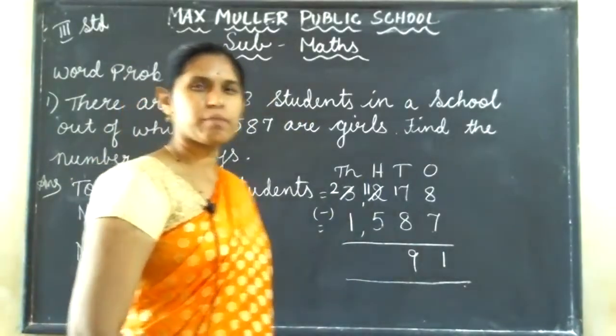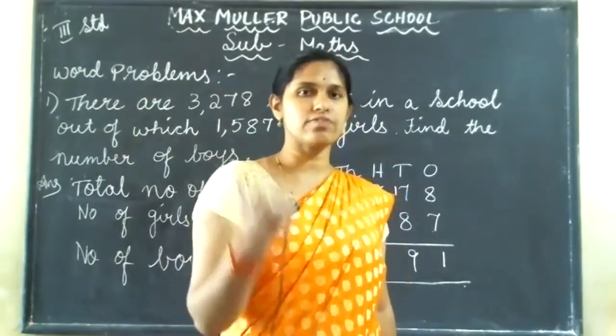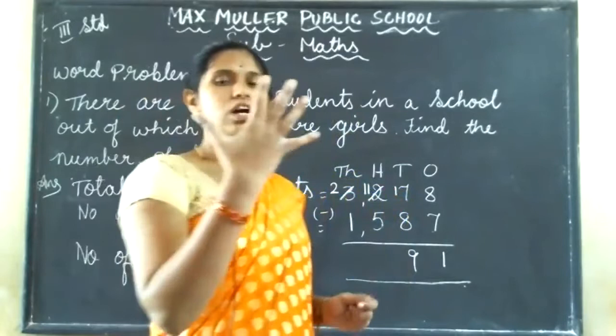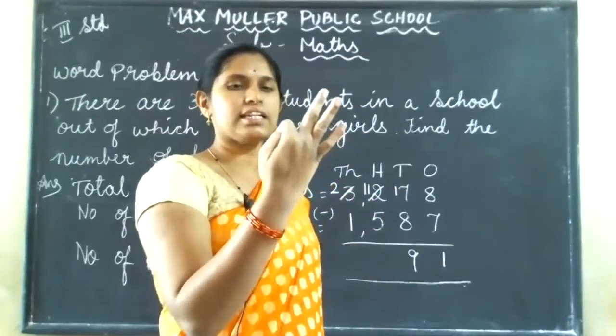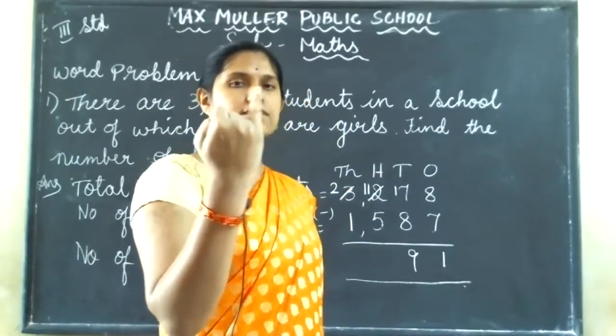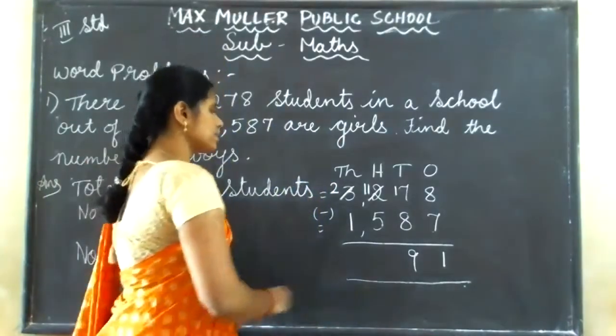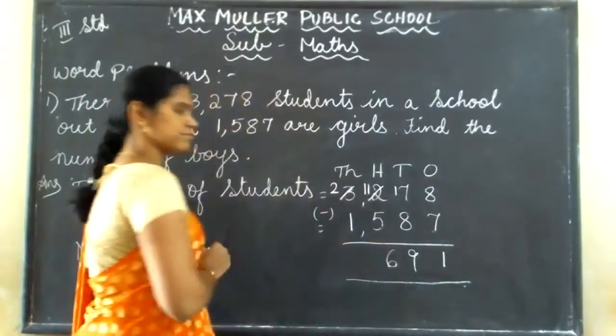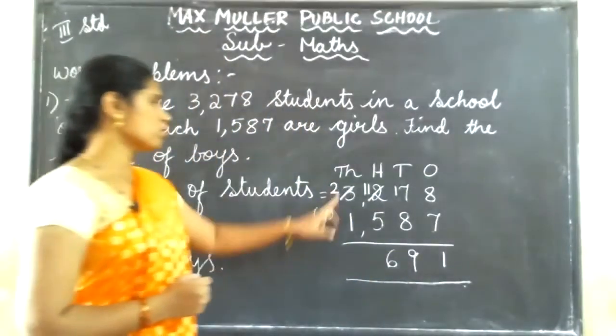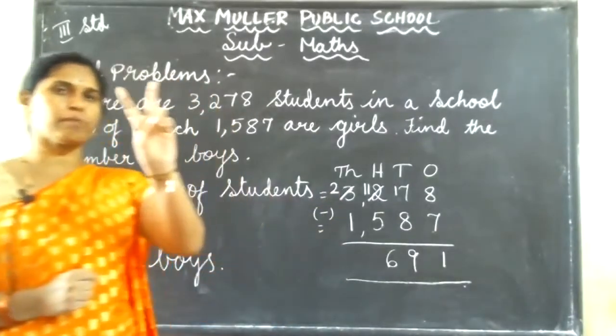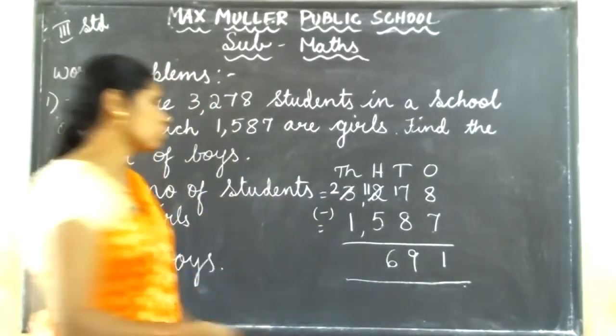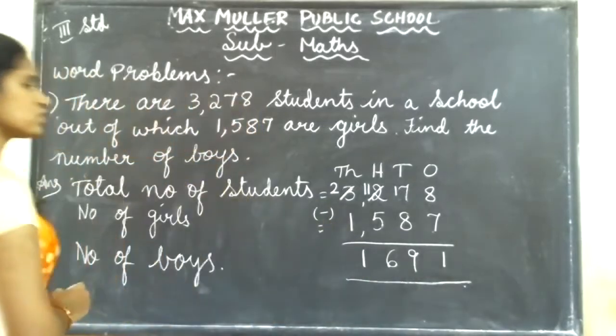You have to start backwards: 11, 10, 9, 8, 7. The next number is 6. So write down 6 here. Next, 2 minus 1 is 1.